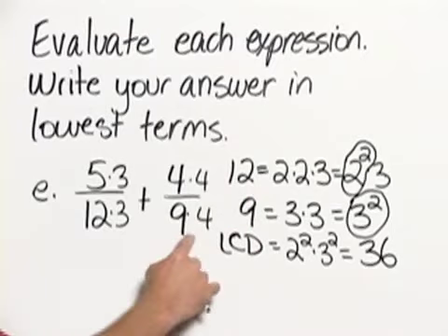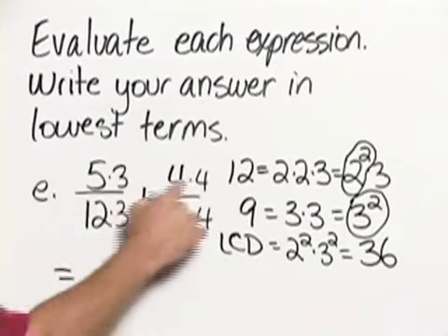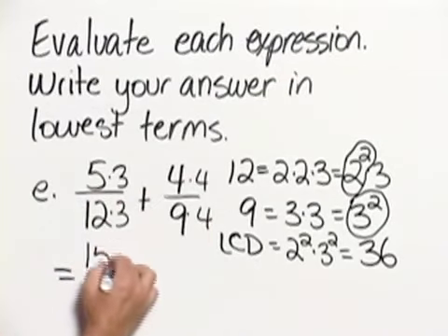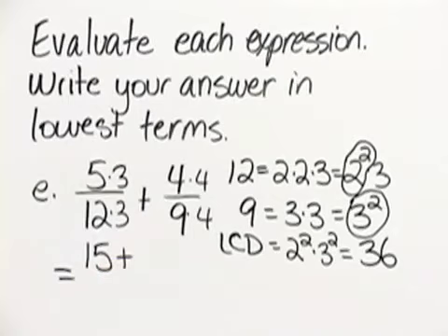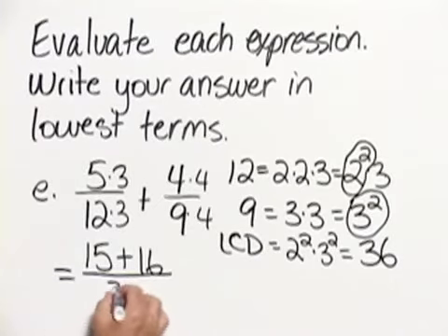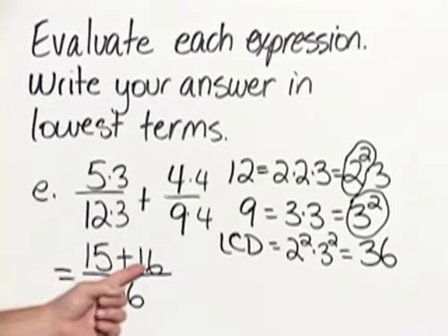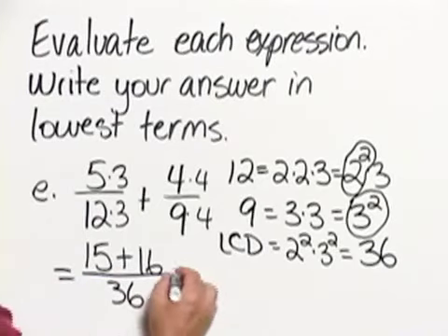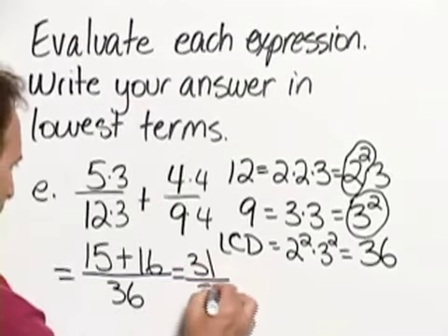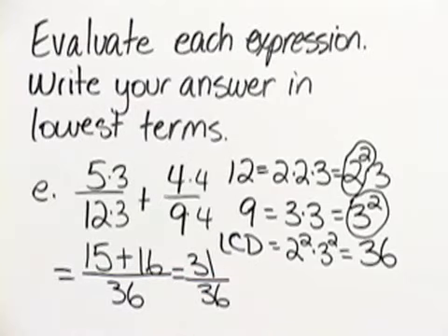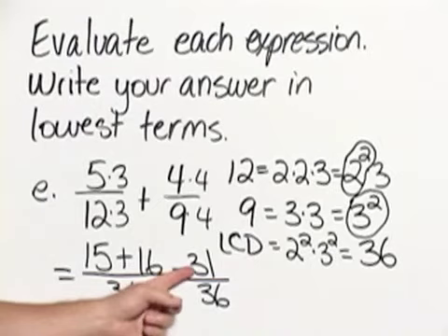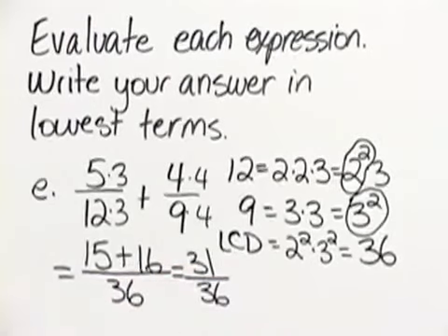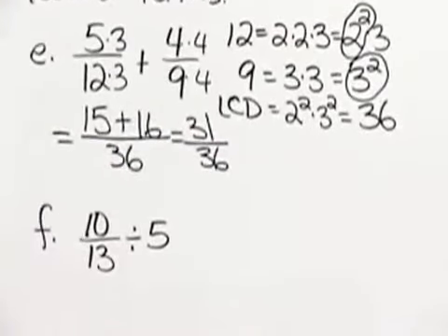Now that they have the same denominator, we can add together the numerators. 5 times 3 is 15, plus 4 times 4 is 16, and all of that goes over the common denominator of 36. We add together 15 plus 16, and that's 31, and that's over the common denominator of 36. 31 is a prime number, and therefore this fraction is already in lowest terms.